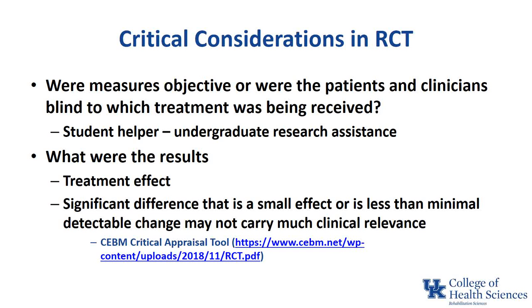And here at UK we have these undergraduate research students who are always interested in getting involved with a research project. It helps them as they move into more graduate level work, and so using them to help with either objective measurements or helping blind the researchers in either the treatment or the assessment is really nice.